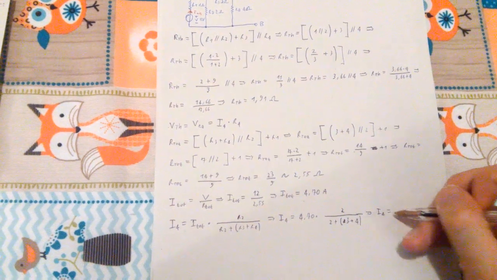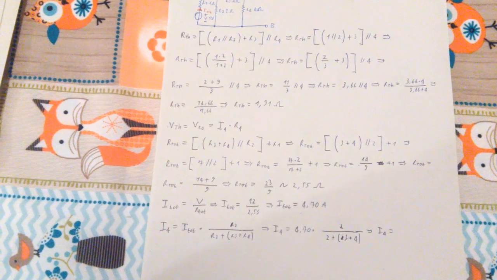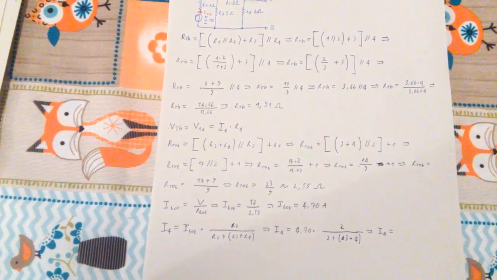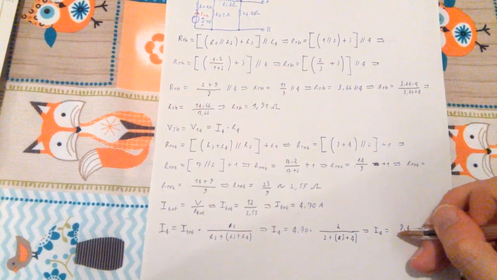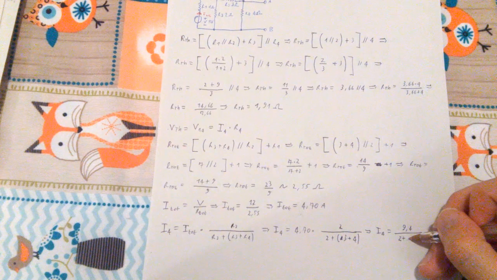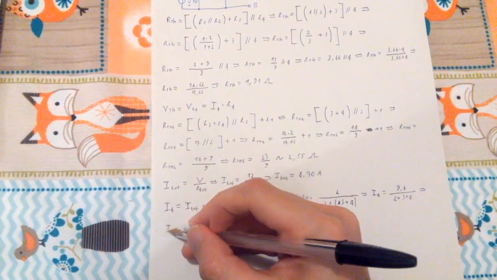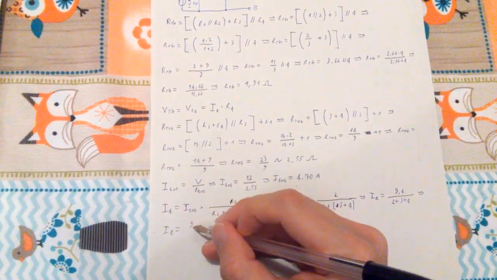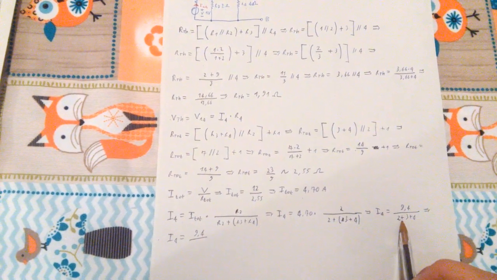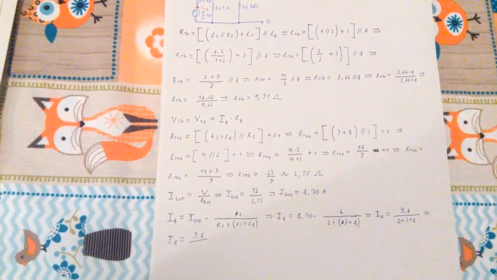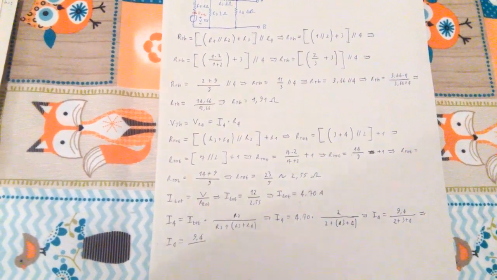So I4 is 4.70 times 2, which is 9.4, over 2 plus 3 plus 4, which is 9.